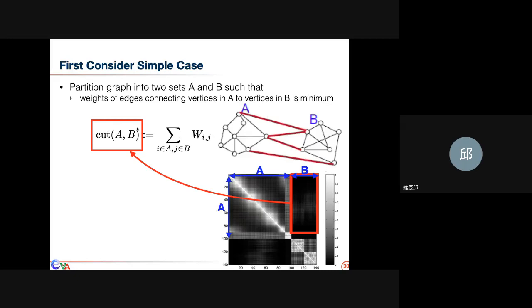If you write down the equation, it can be written down as the equation here. We would like to cut between A and B, and this cut should be minimized.